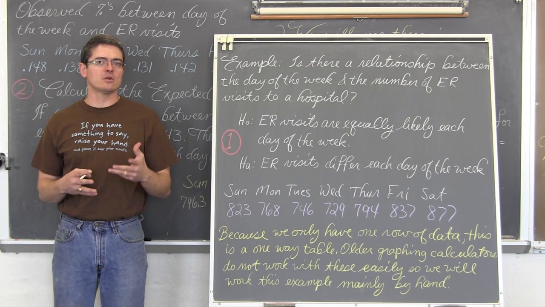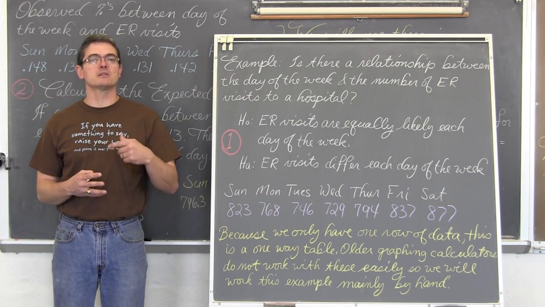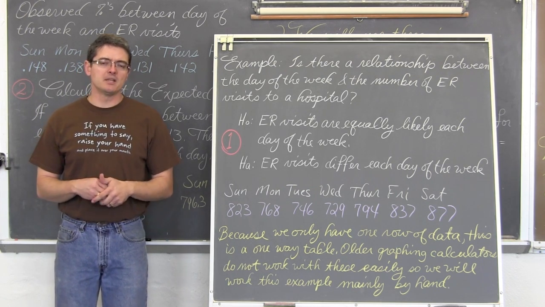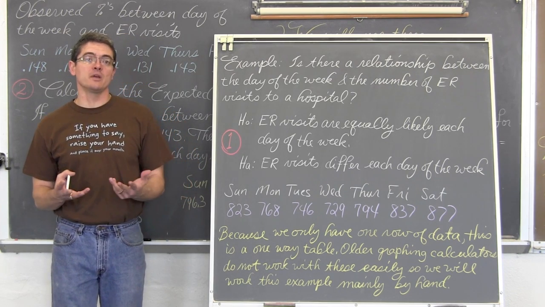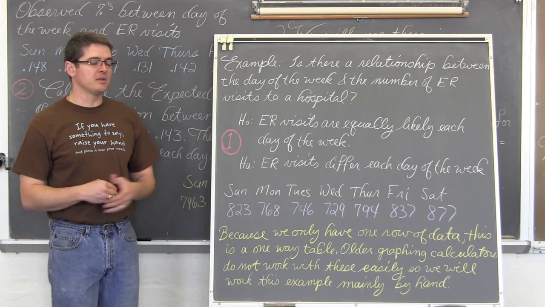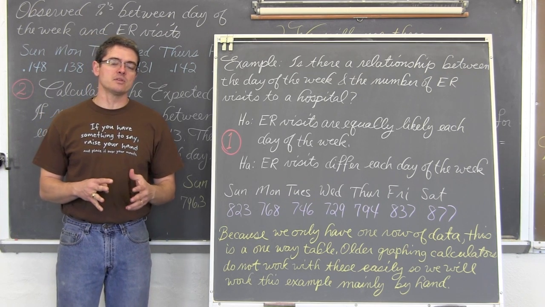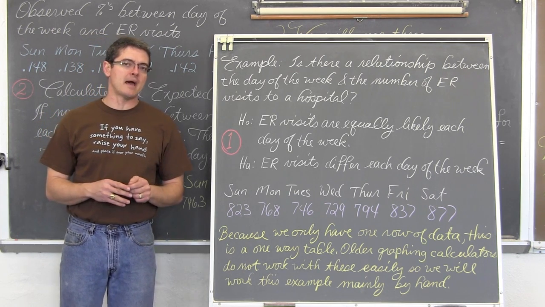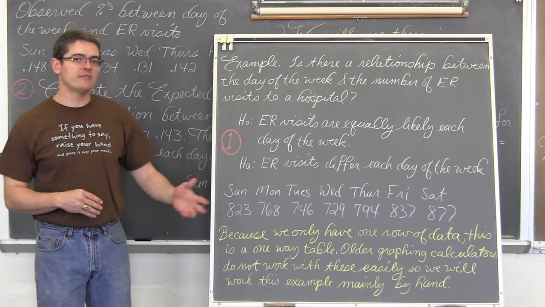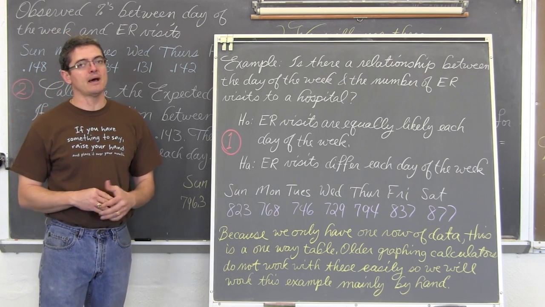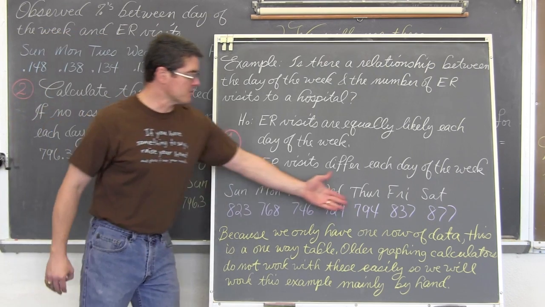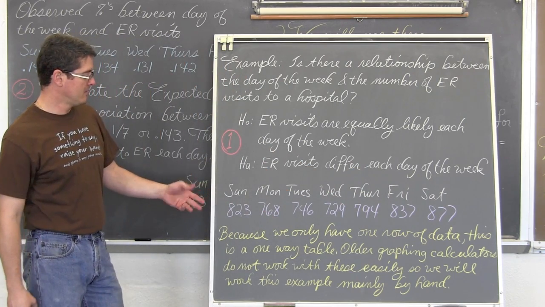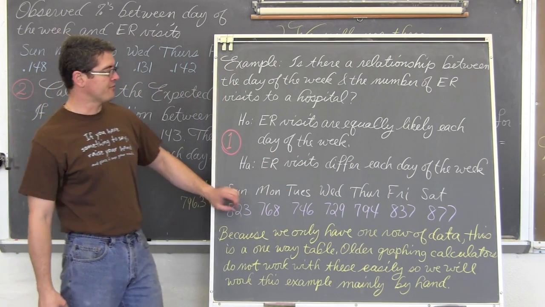You will still have to find your own observed and expected values, but they will do them more automatically than, say, a TI-81 or a TI-83. So we're going to do this example as if you have an older calculator that will not do this test for you almost completely automatically. And if you do have an Inspire, I'll be posting a video about how to do this with that calculator.